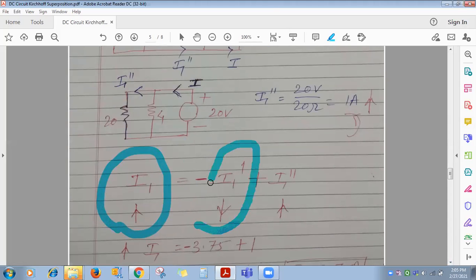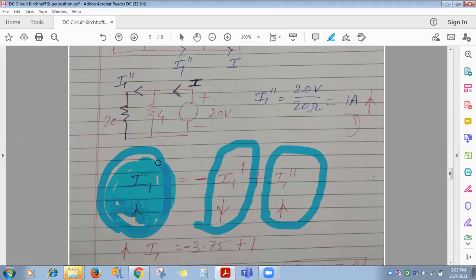I1 dash we got downward flowing in the circuit. I1 double dash, we found out that it is upward. So with reference to this, mark the plus minus sign. See, I1 is in upward direction and I1 dash is downward. So it will be plus or minus here.